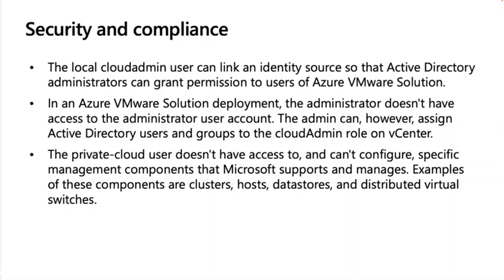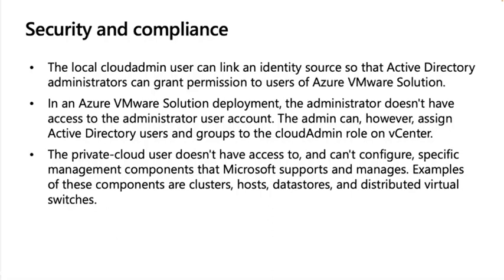Because in AVS, the administrator doesn't have access to the administrator user account, but they can assign Active Directory users and groups to the cloud admin role on vCenter in order to do things, because with that local cloud admin user you can't modify the distributed switches or the hosts. I mean, again, we have everything locked down for you. So you would grant permissions through Azure Active Directory.